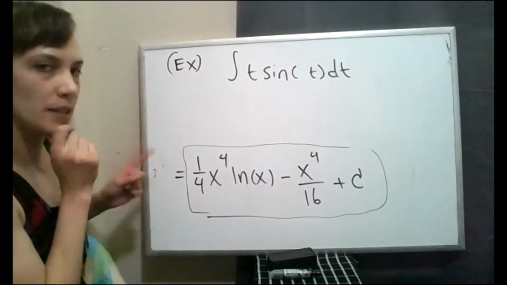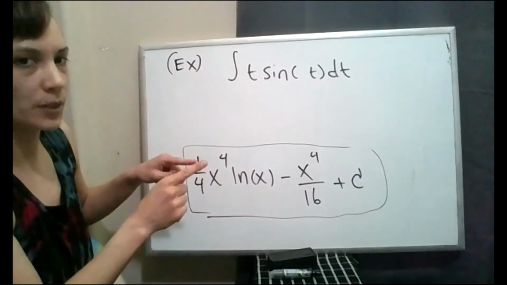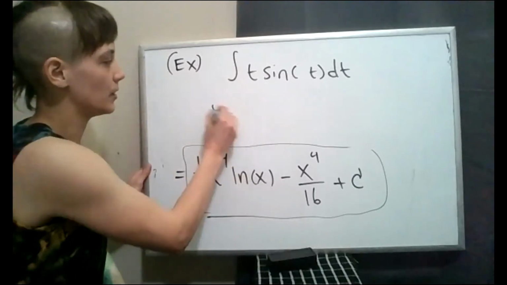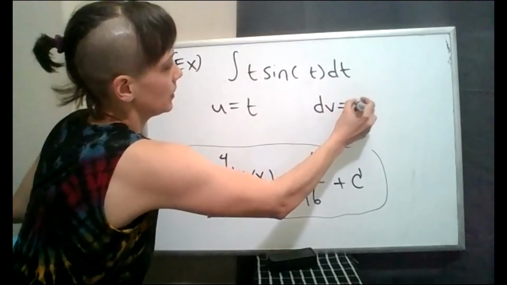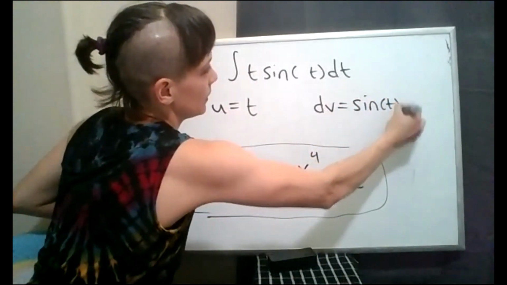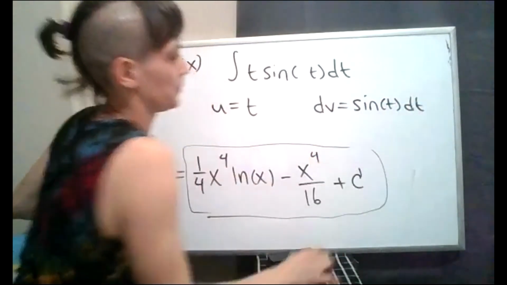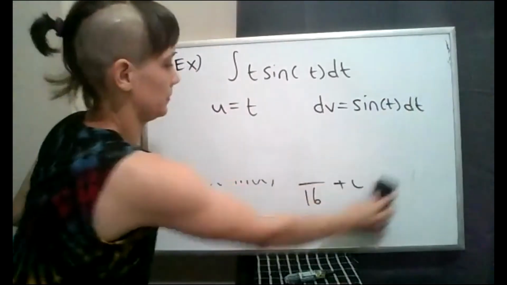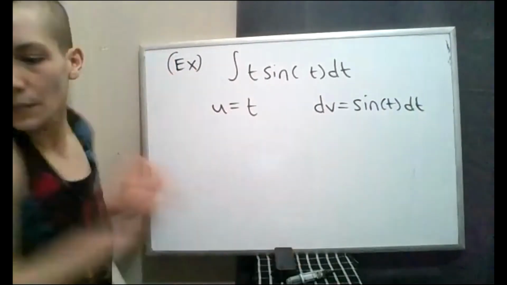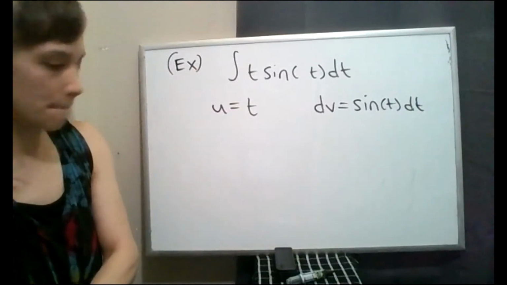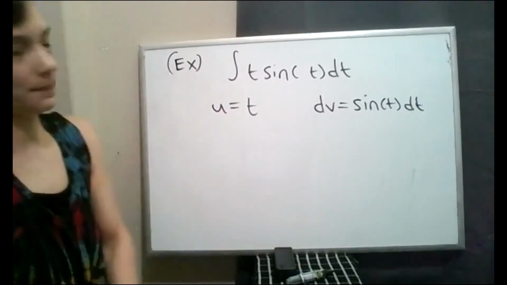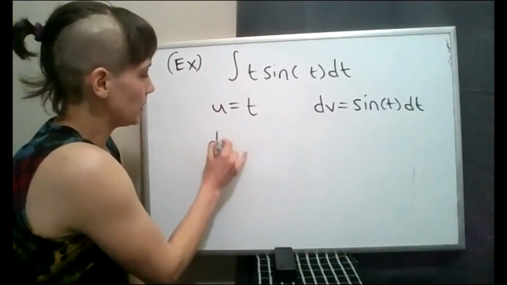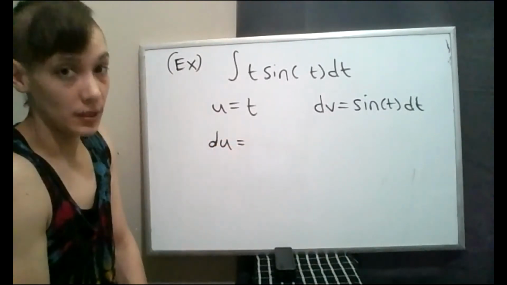You want to pick u to be the value that gets simplified when you do a derivative. So we're going to have u equal t. dv will equal sine of t. Okay. du will be equal to 1 times dt.